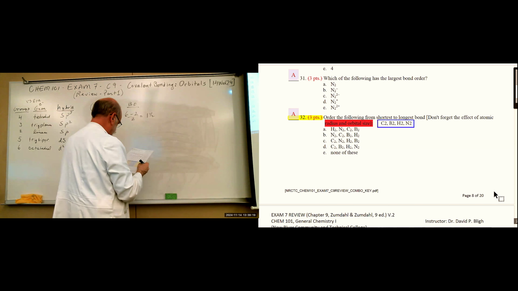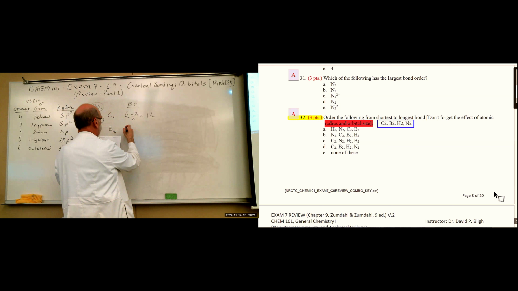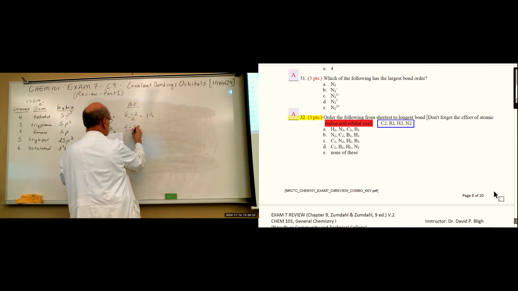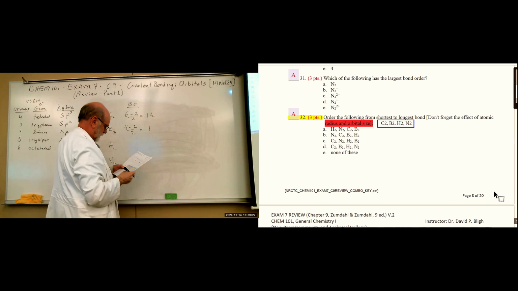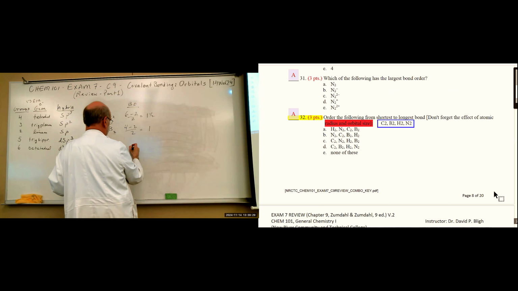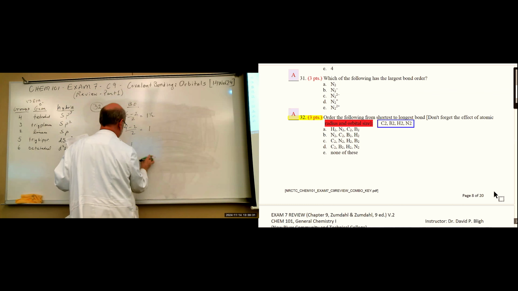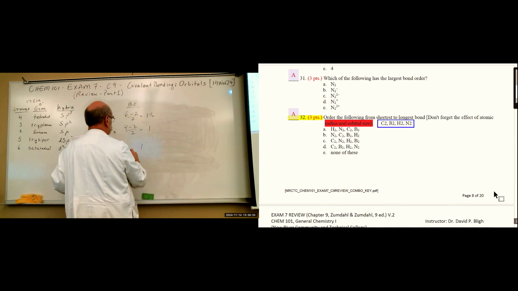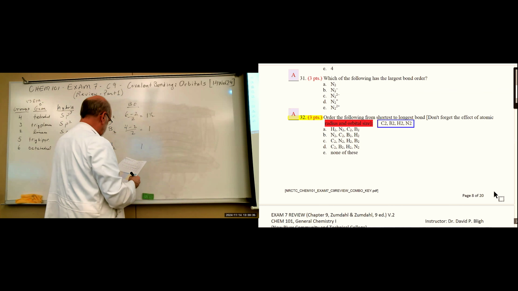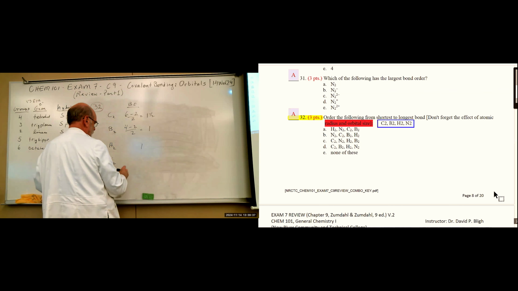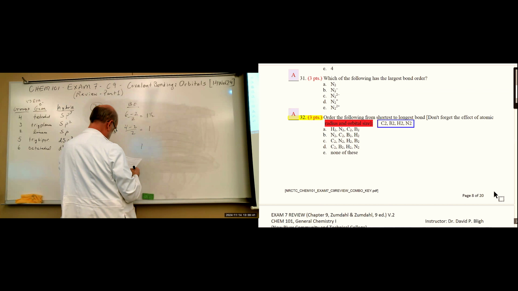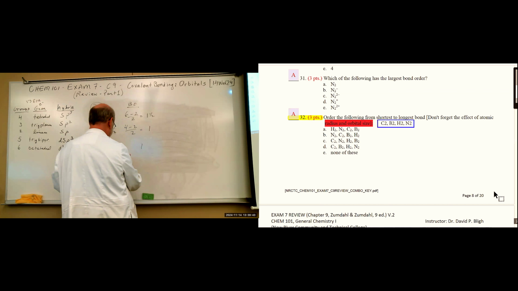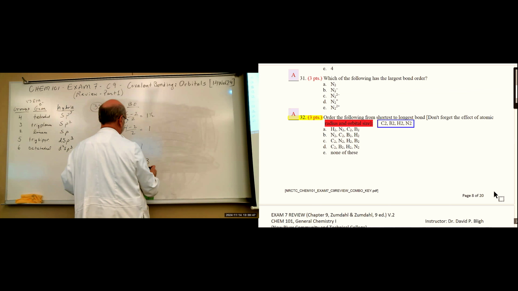Diboron, we have 2, 4 minus 2 divided by 2, which is bond order 1. Hydrogen, well, we have a bond order of 1. We've done that so many times. Bond order of 1. And nitrogen has a bond order of 3 because it is 2, 4, 6, 8 minus 2 divided by 2. It's 3.